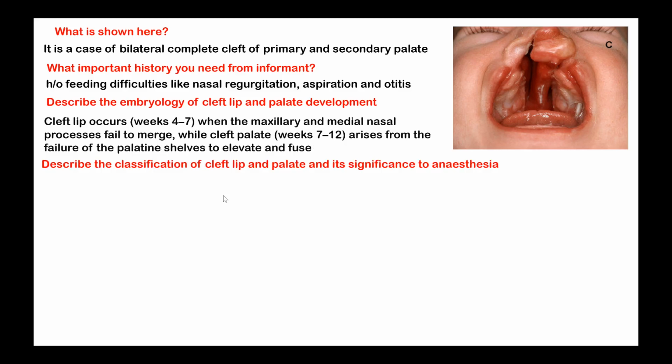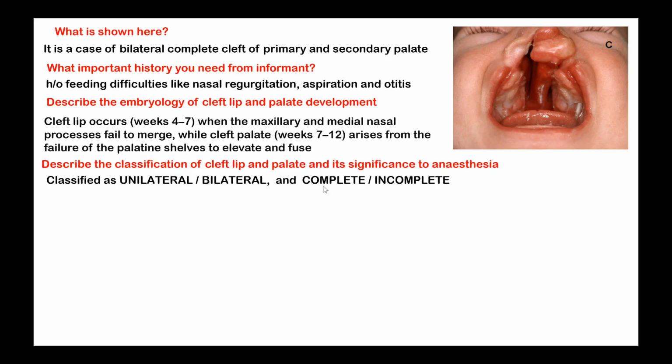What are the various classifications of cleft lip and palate, and what is the significance of that in anesthesia? Sir, only soft palate, sir. Hard and soft palate, and unilateral complete and bilateral complete, sir. Unilateral or bilateral, complete or incomplete. So that is the total classification.